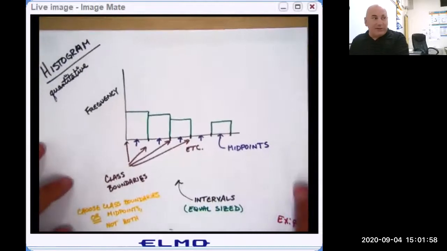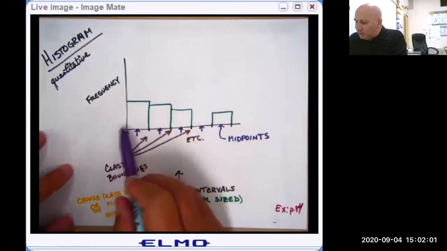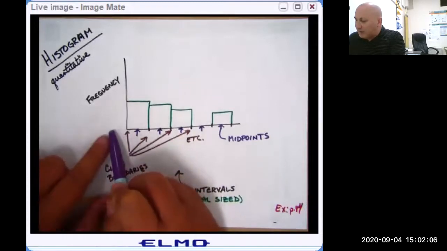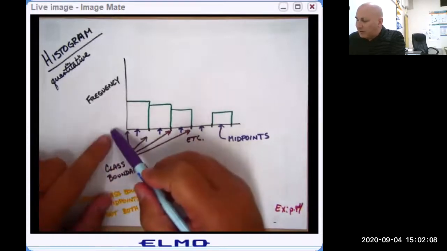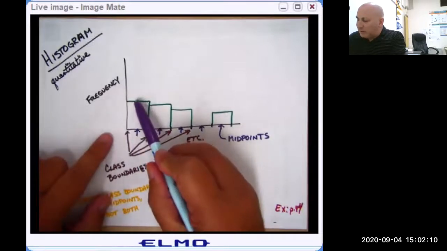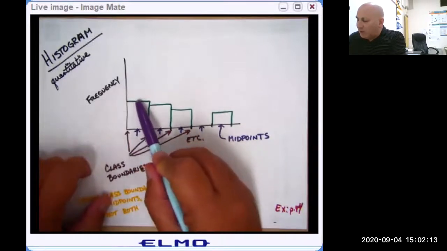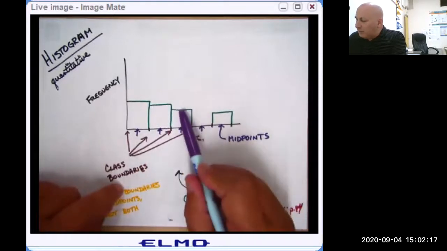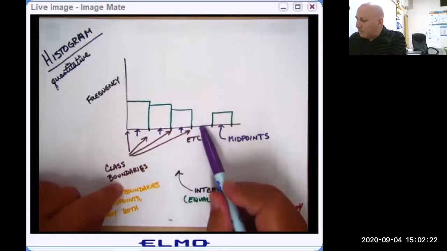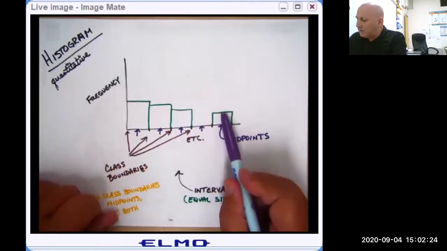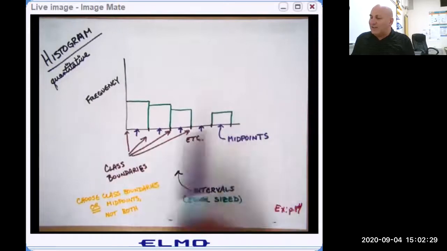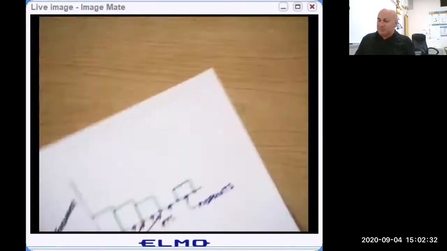So in a frequency polygon, you would go one more interval over here, and you'd start on the x-axis at 0 at the midpoint, and then your polygon would go up to this midpoint, this height here, over to here, over to here. In this interval, it would come down to here, up here, and then back down to 0. So it always starts and ends on the x-axis.